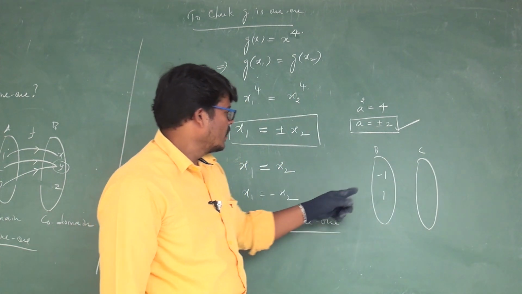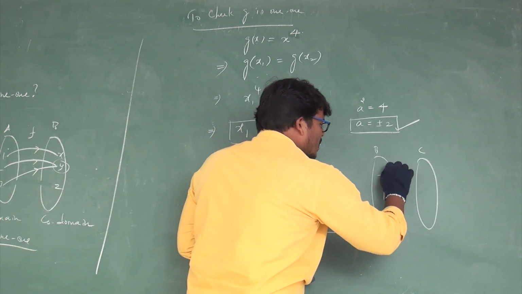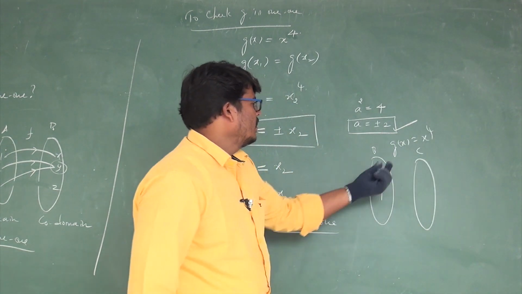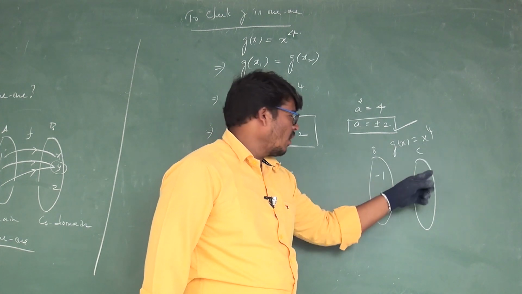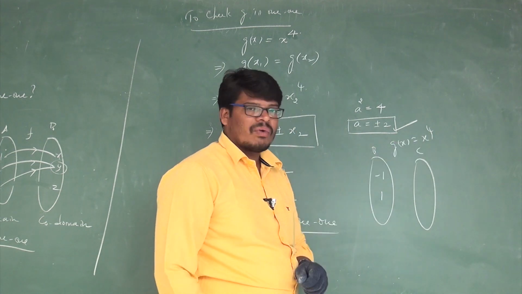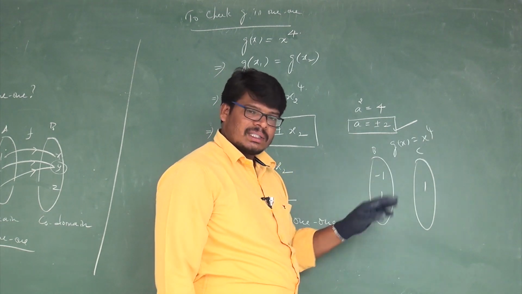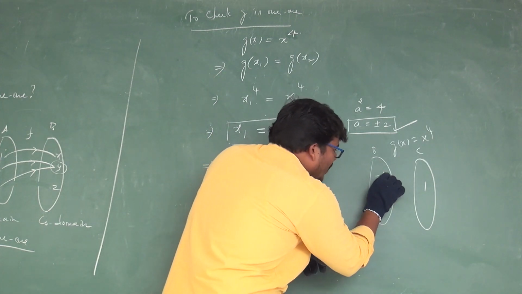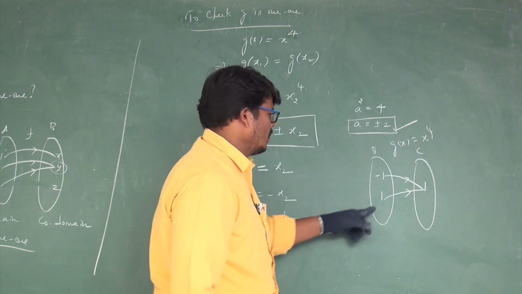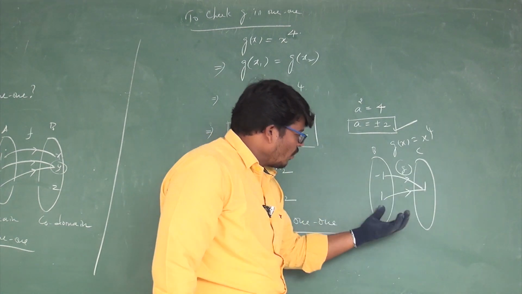Given g of x equal to x power 4, the input value minus 1 gives output minus 1 power 4, which is plus 1, and plus 1 power 4 is plus 1. So this is a mapping from minus 1 to plus 1, and plus 1 to plus 1.